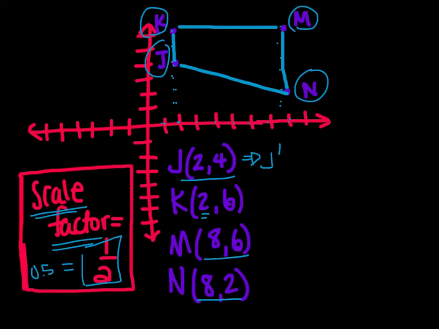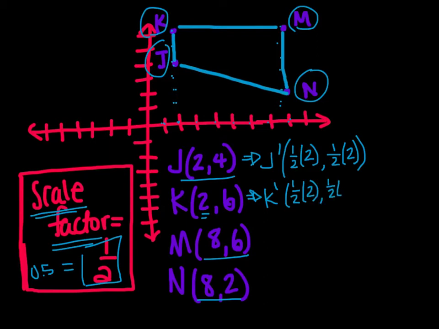So we can take our scale factor of 1/2, or you can do 0.5, and multiply it by our original point, which was 2, 4. We're going to do that for both the x and the y coordinate. And we'll do that with K as well. K prime is a half of 2 and half of 6.